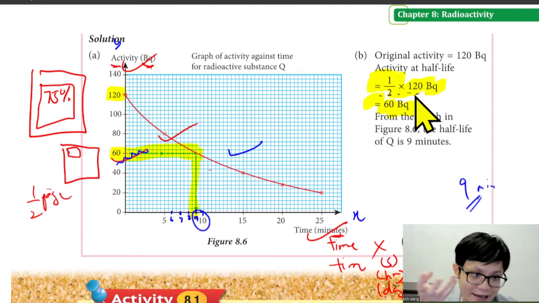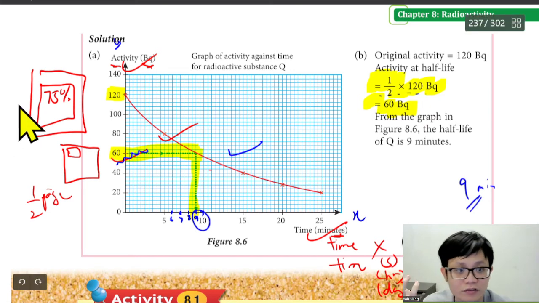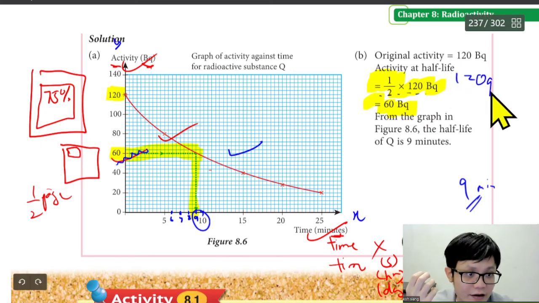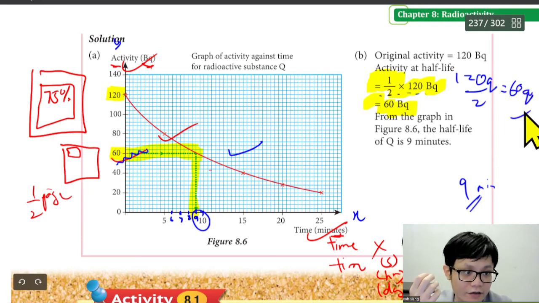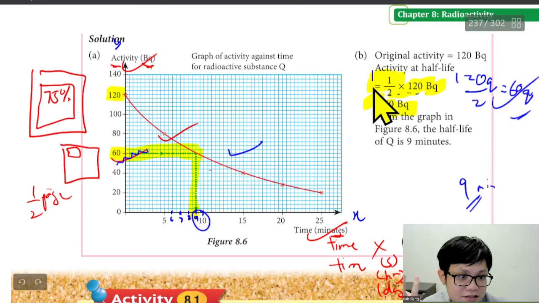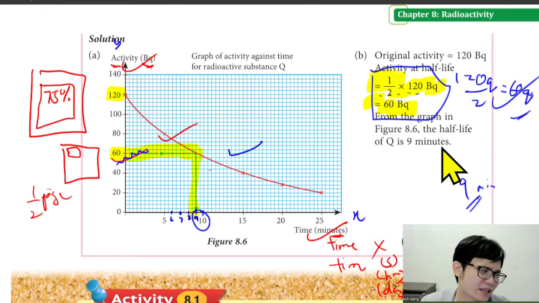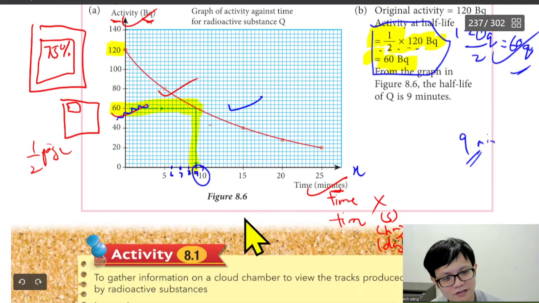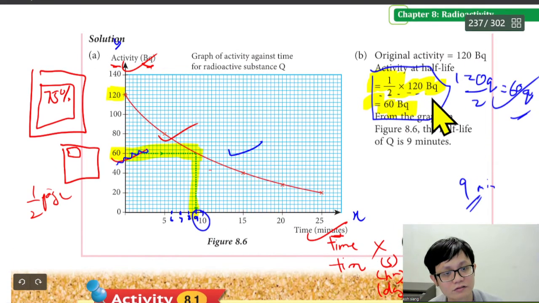It's the same, but if students do it like this also, I give it correct. 120Q divided by 2, you get 60Q. This one also you get 1 point, so up to you, but this looks better. At least you draw something, then you get 1 point, just do something with the working.